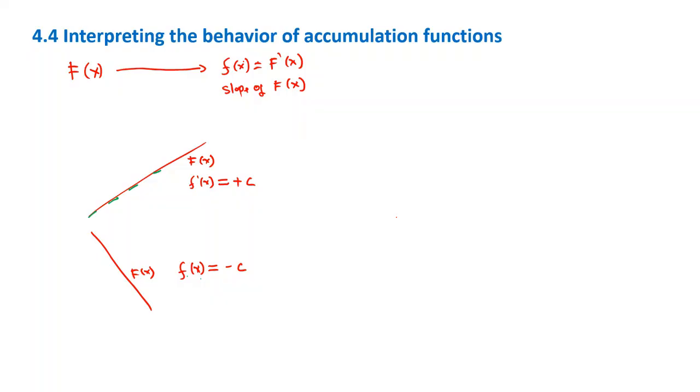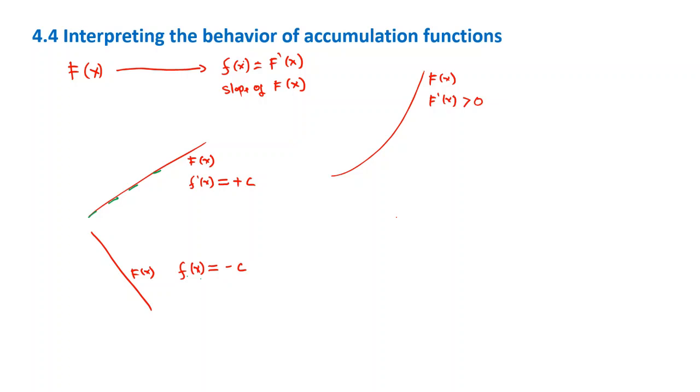The other way of seeing it is, if I have a graph of f(x) like this one, it goes up, so f'(x) will be more than 0 because it goes up.